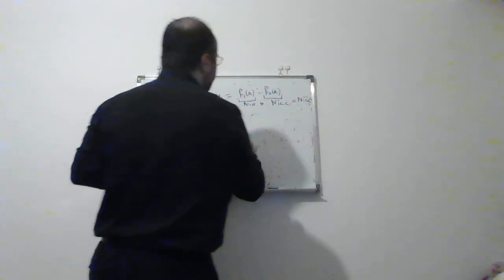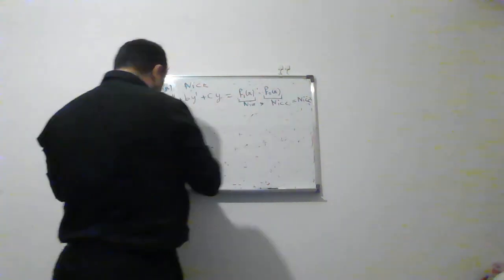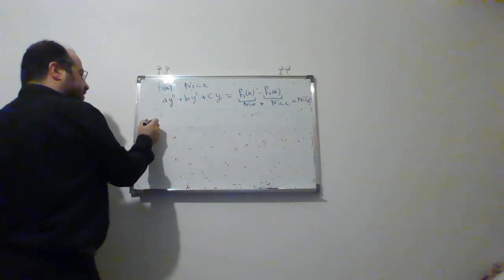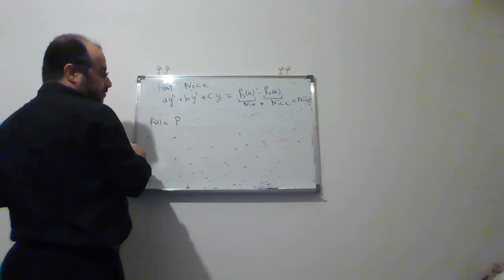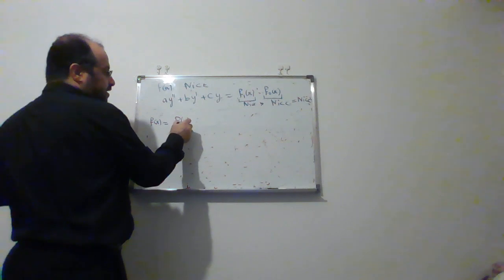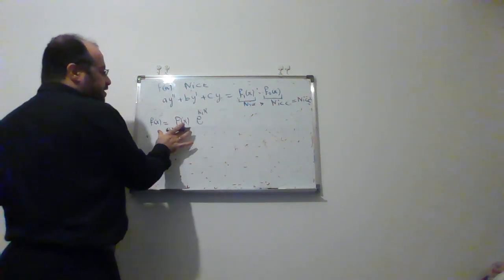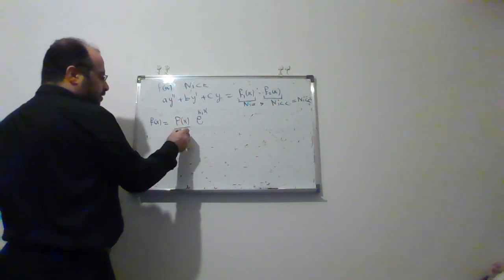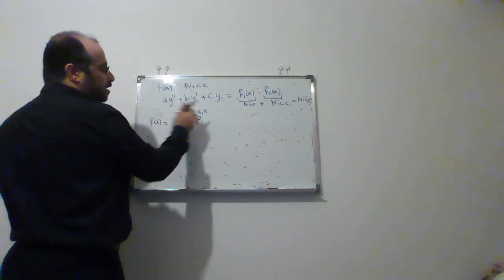But don't think that this means you go with y particular 1 times y particular 2. No. Suppose your f of x is a polynomial p of x times e to the k1 x. This is a polynomial, and this is an exponential with power k1 x.